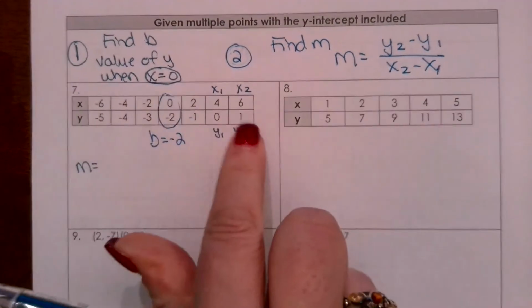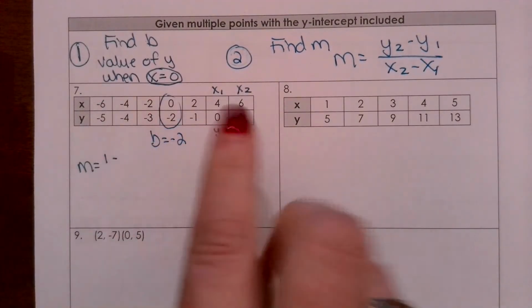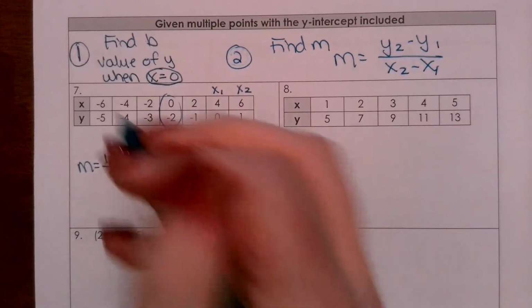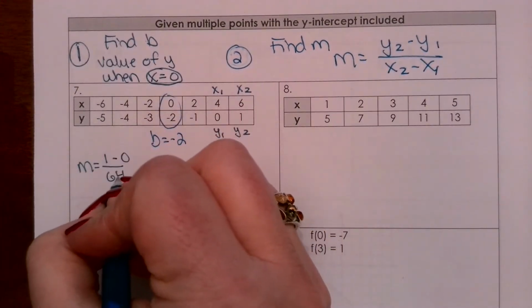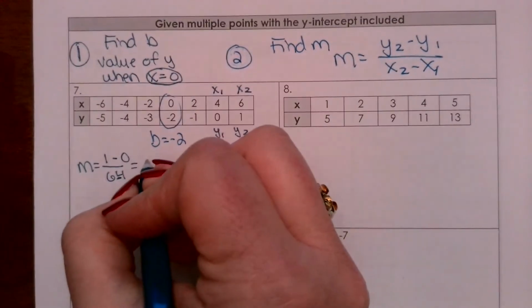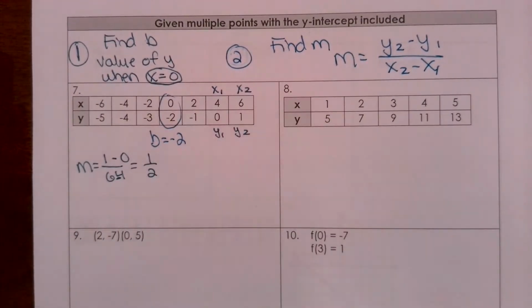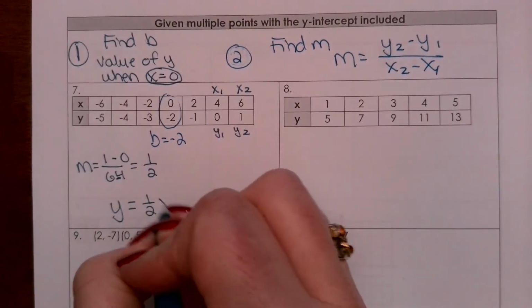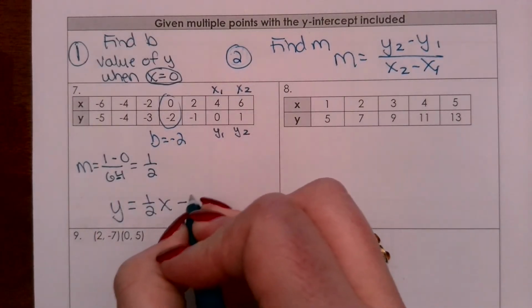Slope is going to be y2, 1, minus y1, 0, over 6 minus 4. And that is 1 over 2, so slope is 1/2. I'm ready to write my equation: y equals 1/2 x minus 2.